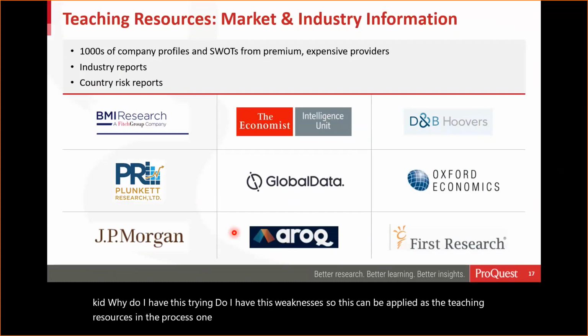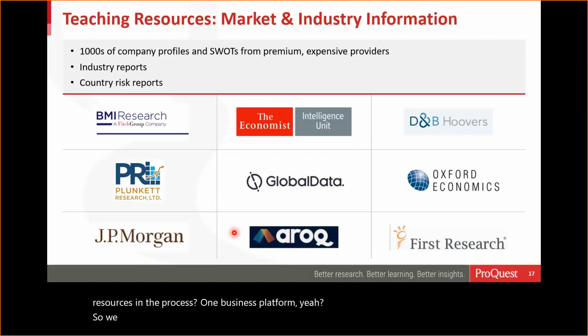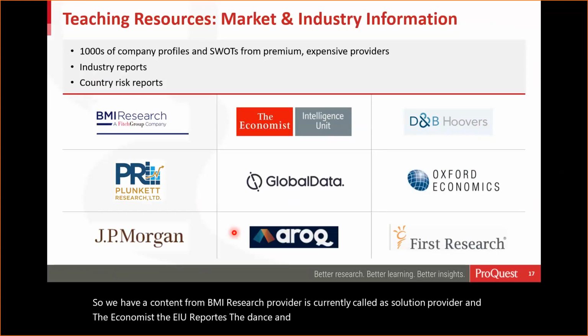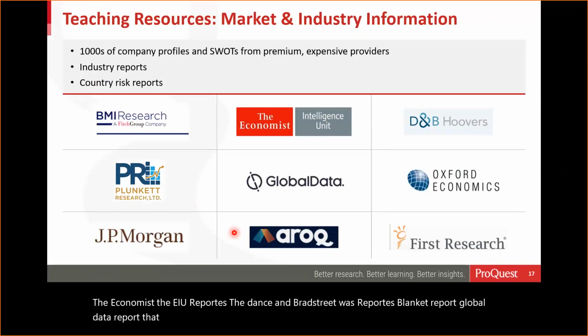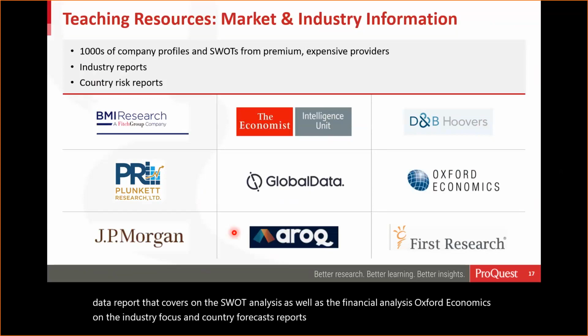So we have content from the BMI research provider, currently called Fitch Solutions, the Economist Intelligence Unit (EIU) reports, the Dun & Bradstreet reports, Blanket reports, and GlobalData reports that cover SWOT analysis as well as financial analysis, Oxford Economics industry forecasts and country forecast reports, JP Morgan's analysis reports, and so on.